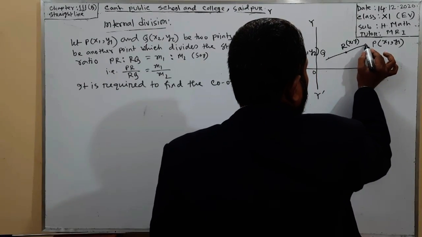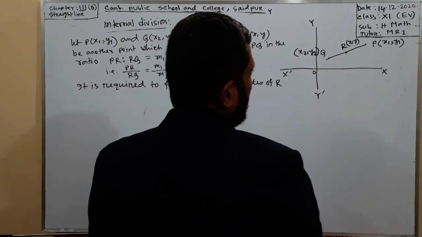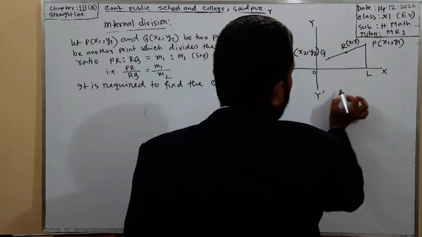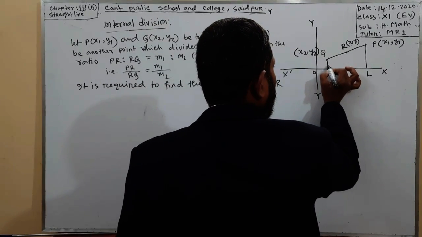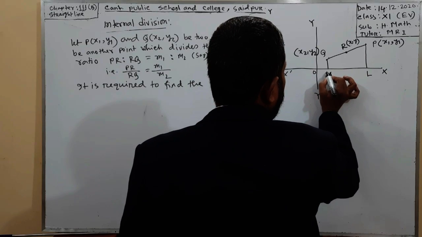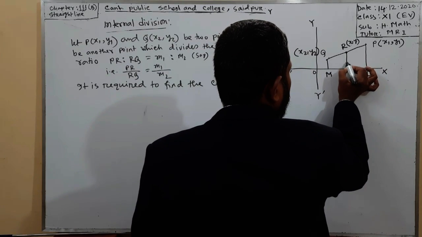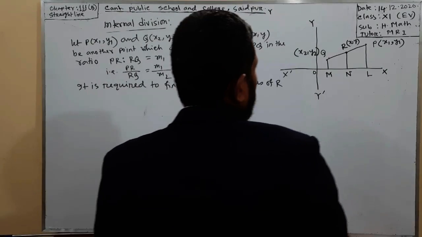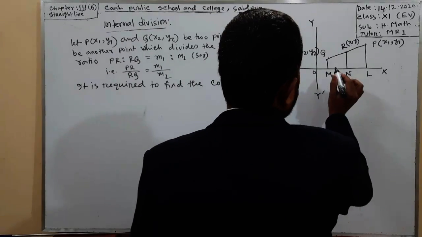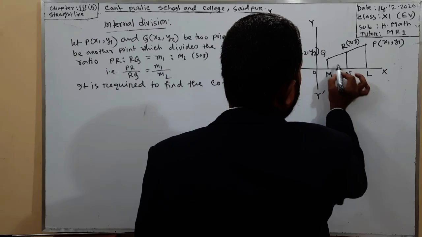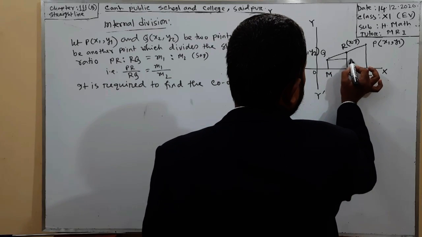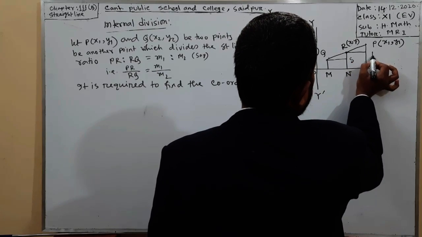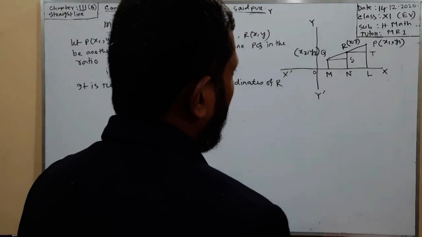Let us draw perpendiculars to OX: from P, PL; from Q, QM; from R, RN. Here are another two perpendiculars: from Q to RN, QS, and from R to PL, RT.